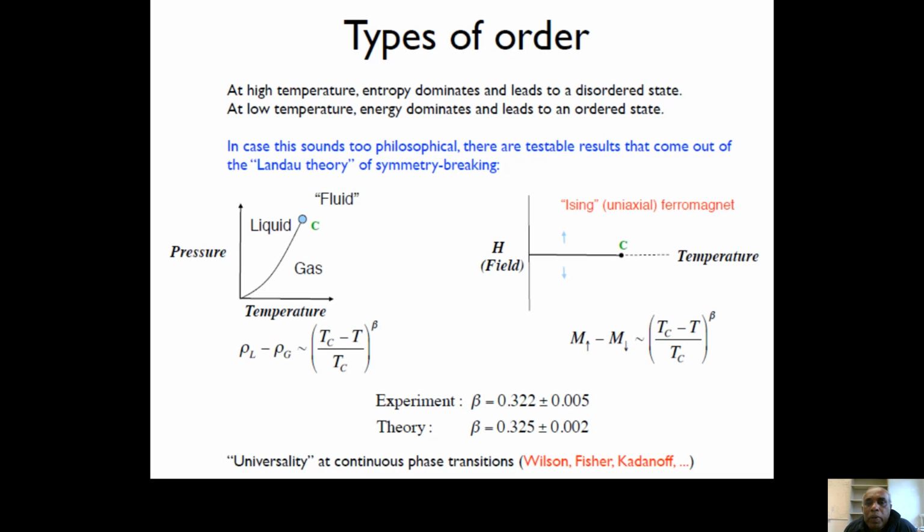But at low temperatures, energy is the dominant phenomenon, not the entropy. So that means they lead to more ordered states. So you can see the difference: high temperature causes disordered states because it's dominated by entropy. At low temperatures, since it is dominated by energy, they favor ordered states.